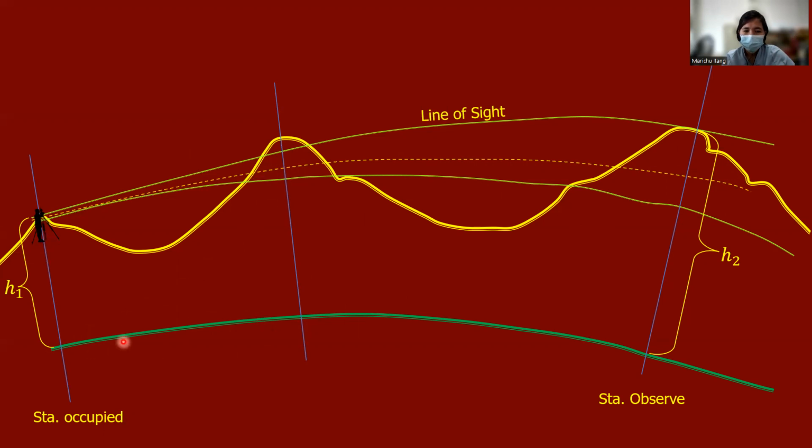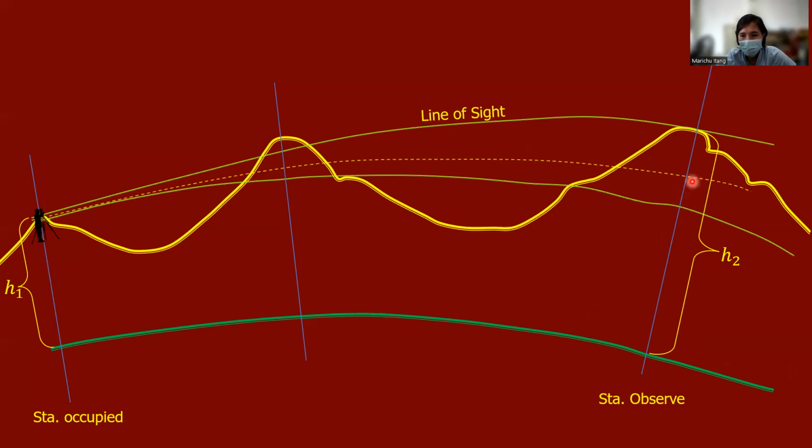But kung longer na yung ating i-observe distance, look at what happened to the curvature correction. Mas magiging exaggerated siya, mas lalaki yung ating value ng curvature correction. That's why we really need to take account the curvature correction when dealing with long distance measurement because hindi flat. So paglalayo pa yung ating observation, mas lalaki pa yung value ng ating curvature.